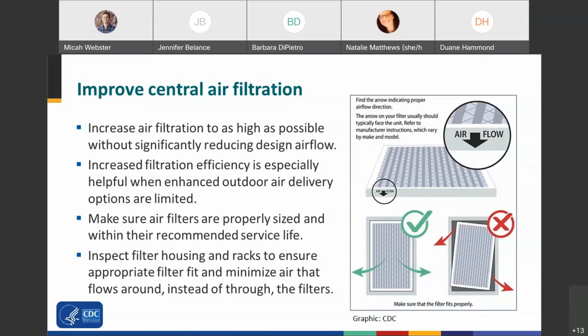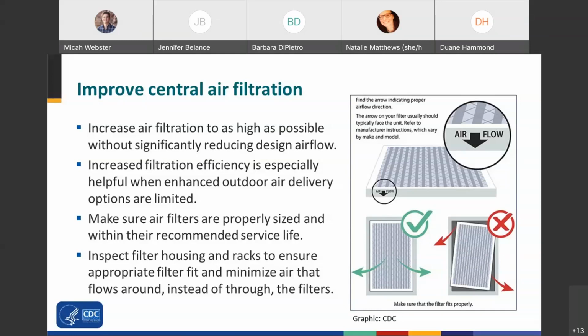You want to make sure you're still getting air to occupied spaces, and adding more efficient filters puts added static pressure on your system and can reduce airflow, and those filters load more quickly, so you'll need to make sure they get replaced more often. Increased filtration efficiency is especially helpful when enhanced outdoor air delivery options are limited, such as in the northern United States in the winter.